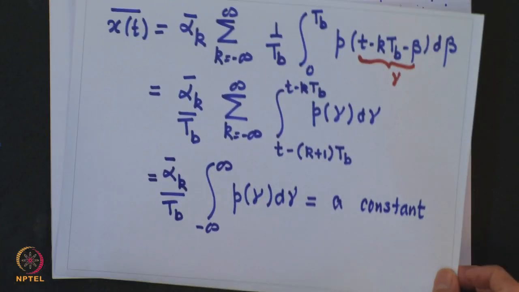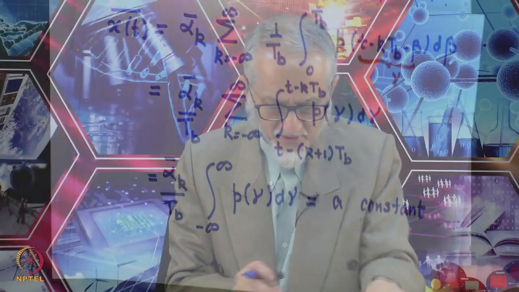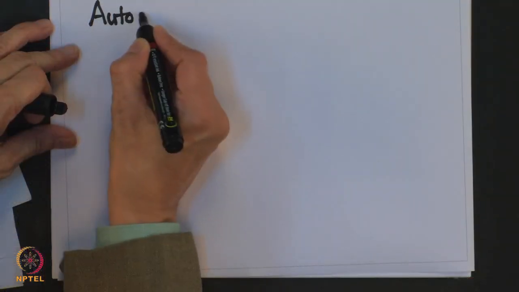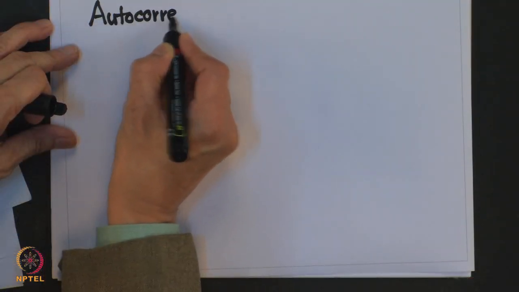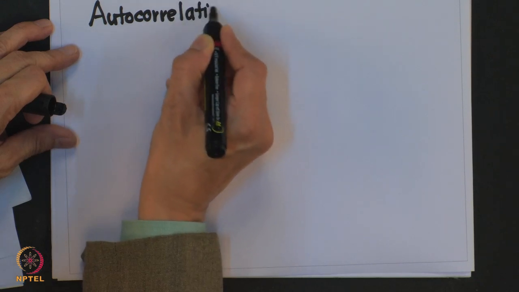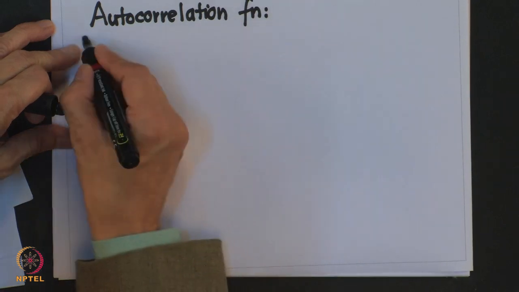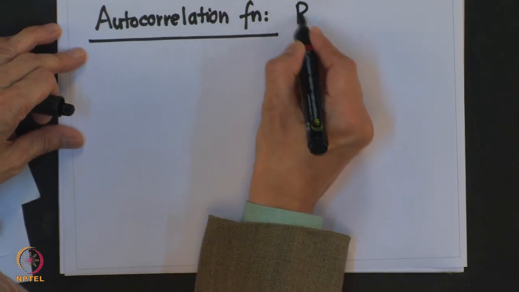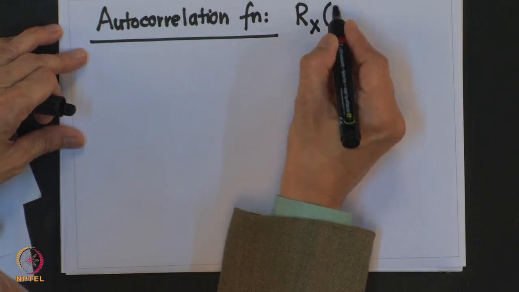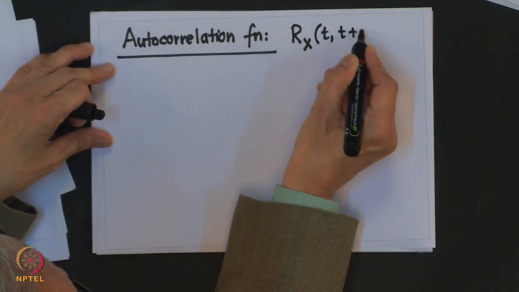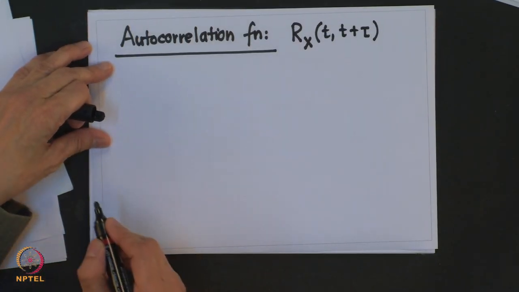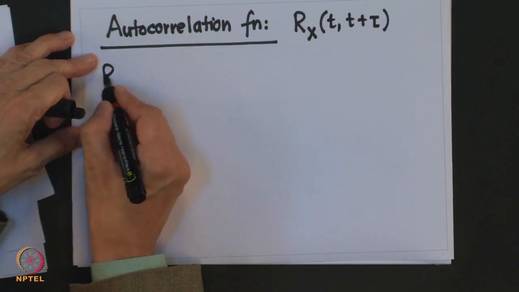So, now we will proceed to find the autocorrelation function of this random process. So, we are interested to calculate this quantity, and let us see what happens.